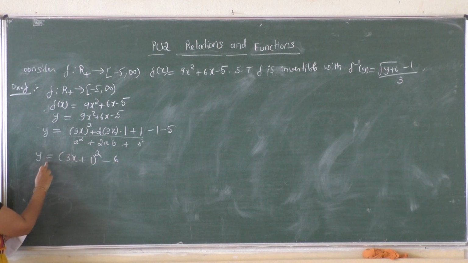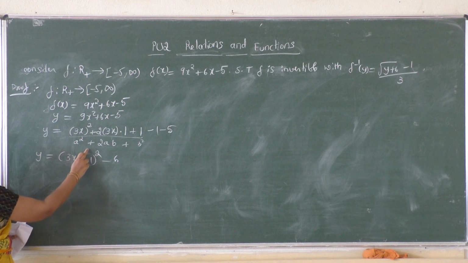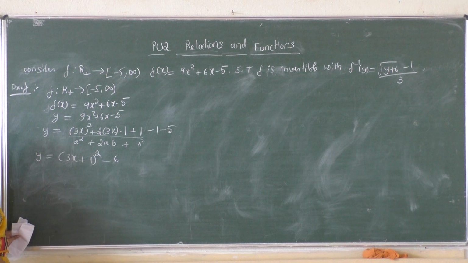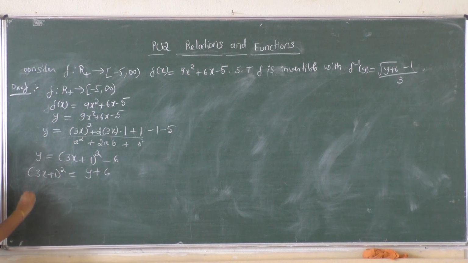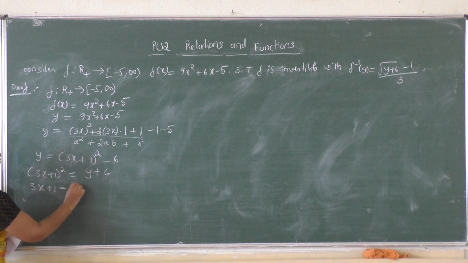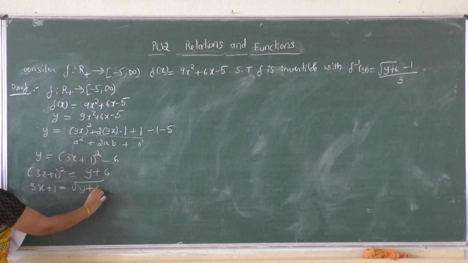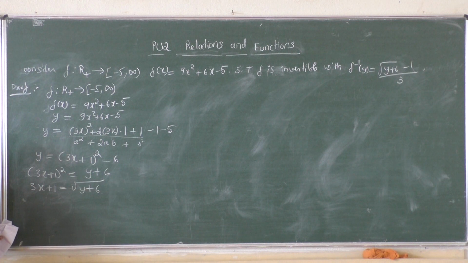So you get y equal to 3x plus 1 whole square minus 6. Or you can write y plus 6 as 3x plus 1 whole square. Then what is 3x plus 1? 3x plus 1 is root y plus 6.